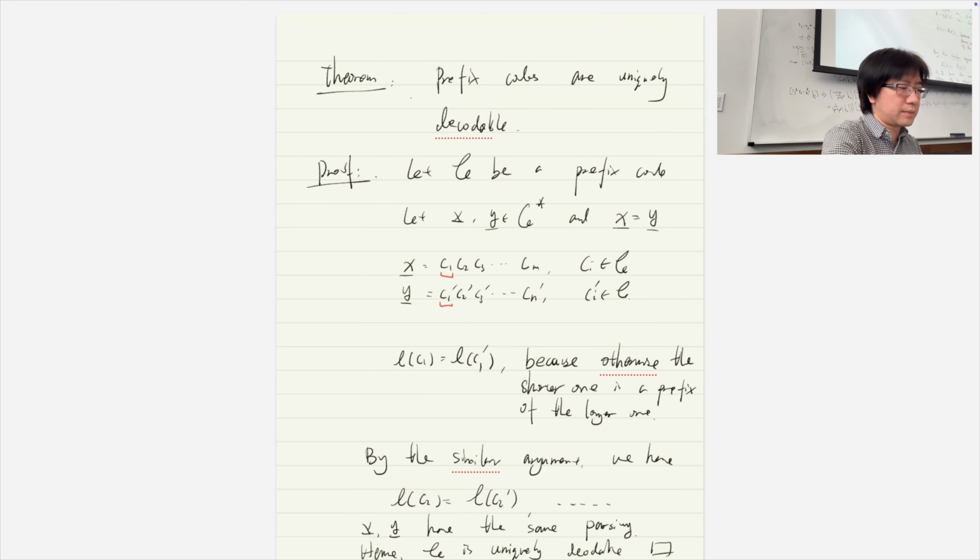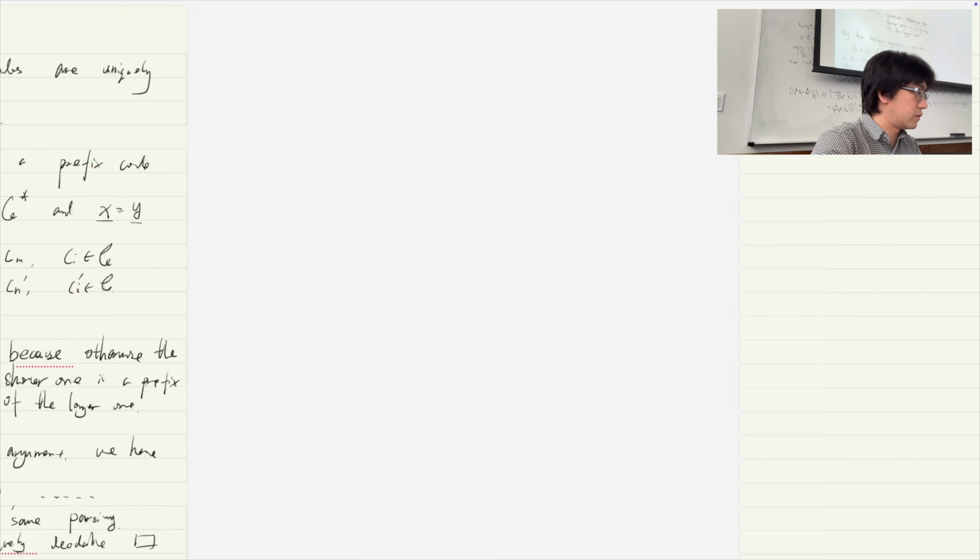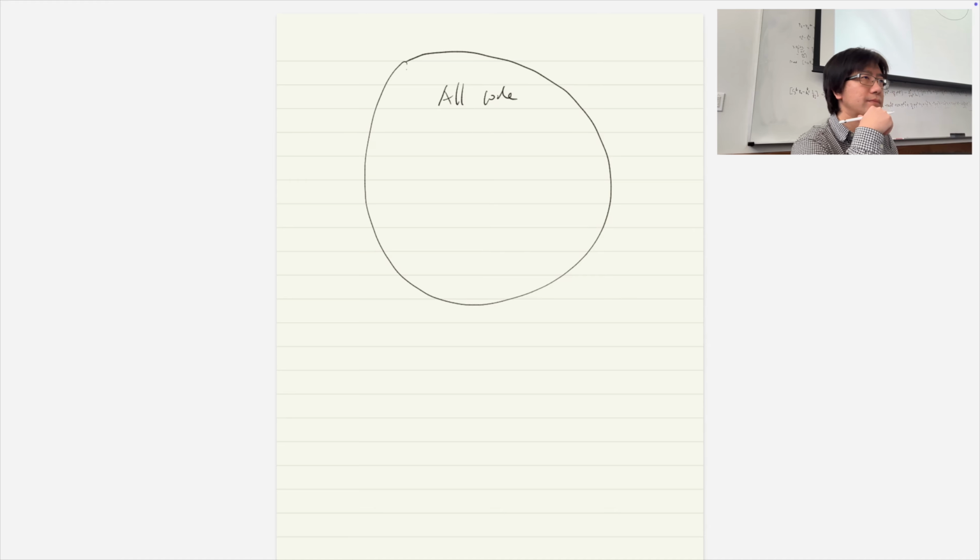Okay, so now let's summarize a little bit. So far we have several cases. The first one is the set of all codes. They're the biggest set. And then we talk about codes that satisfy this one-to-one mapping. So it's called a non-singular code.